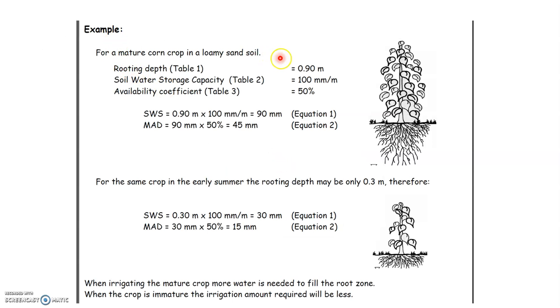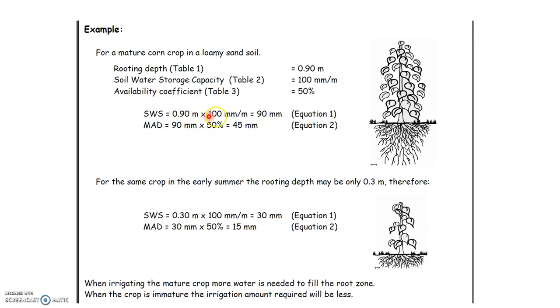Now let us see how to calculate how much amount we need to irrigate the crop. If you see this, this is a mature corn crop. Let's say it has a 0.9 meter rooting depth, and the soil water capacity is per meter. When we use volumetric soil water content, we can measure this. In 1 meter of soil, the soil can hold 100 mm of water.